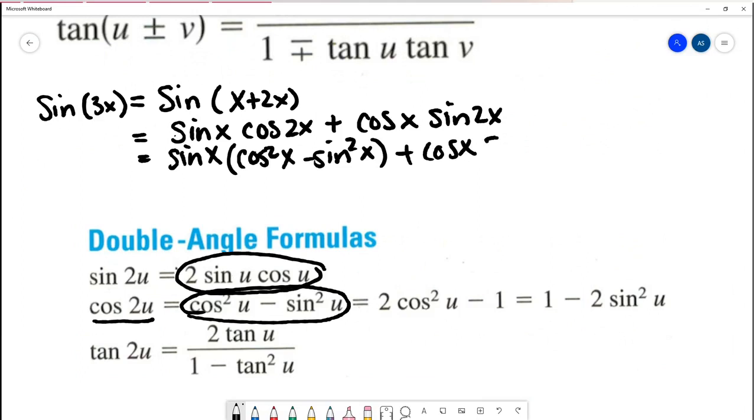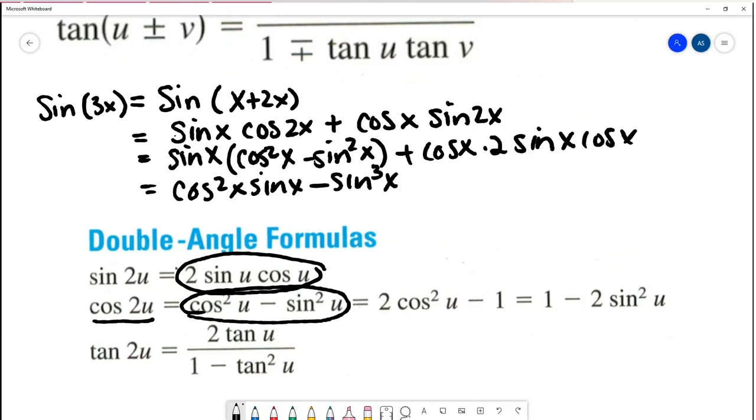So we have sine, 2 times 2 sine x cosine x. If I distribute, I'll have cosine squared x times sine x minus sine cubed x plus 2 sine x cosine squared x.